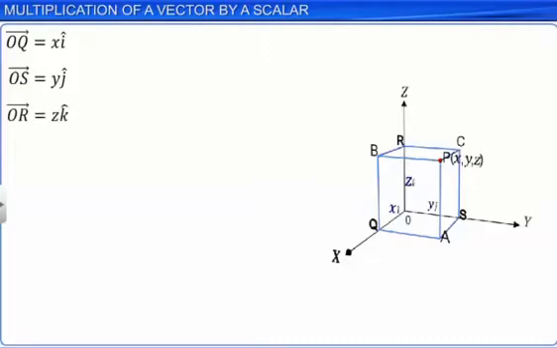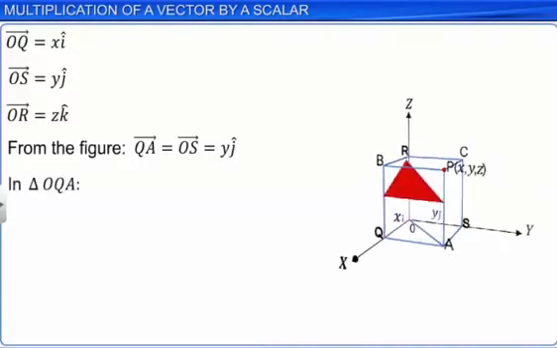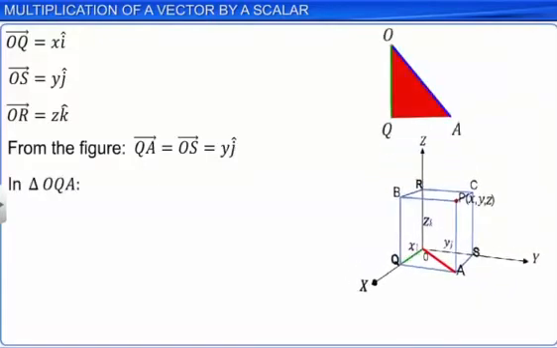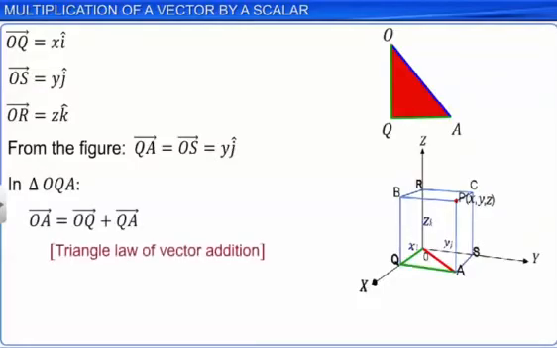From the figure, we have vector QA equal to vector OS, that is, y into unit vector j. In triangle OQA, vector OA is equal to vector OQ plus vector QA. Thus, vector OA is equal to x into vector i plus y into vector j.